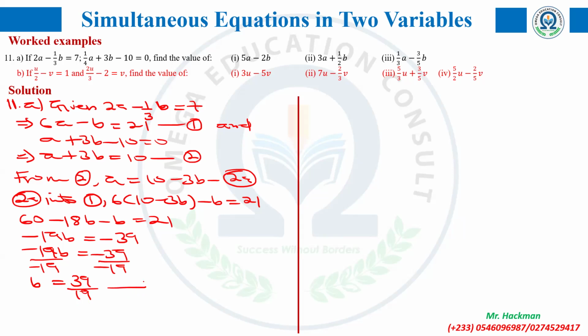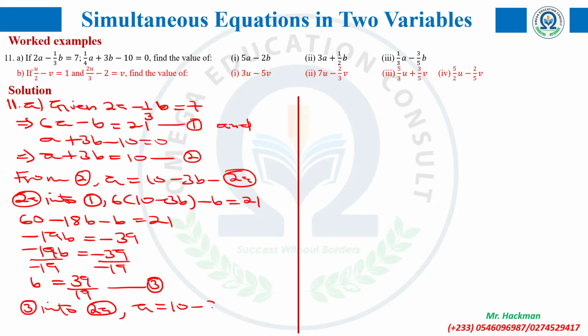So you go and call this equation what? Equation 3. So equation 3 into the equation that you made A the subject. So that is equation 2a, and that will give us A will be equal to 10 minus 3b.